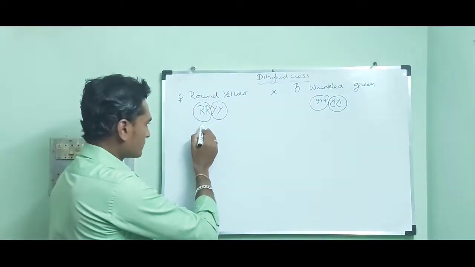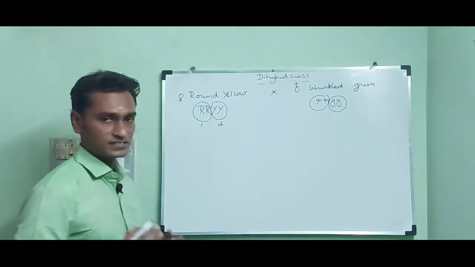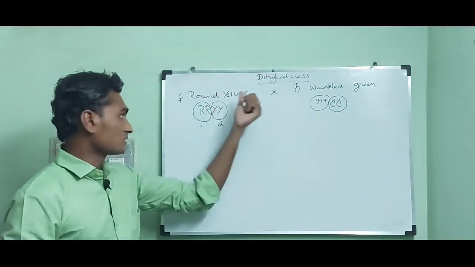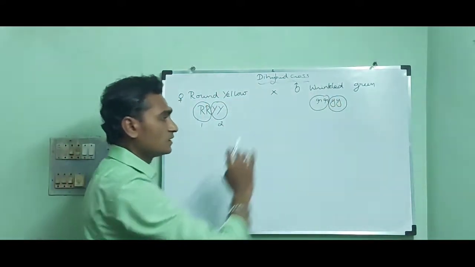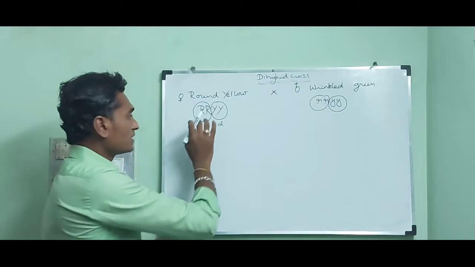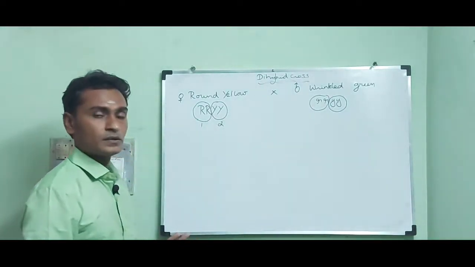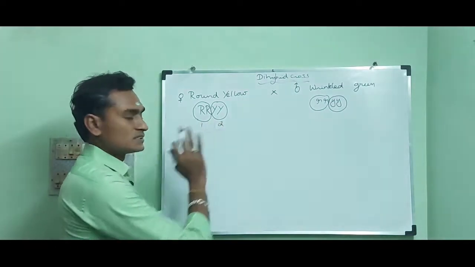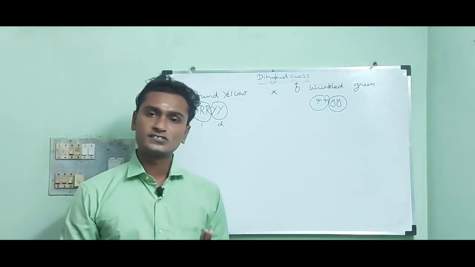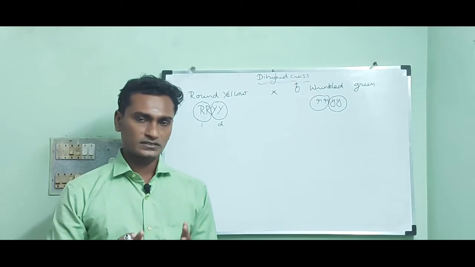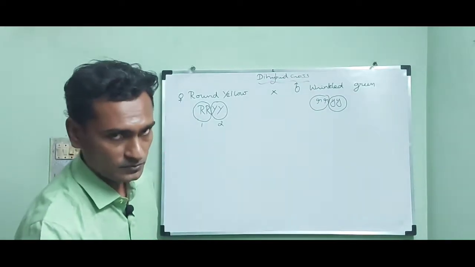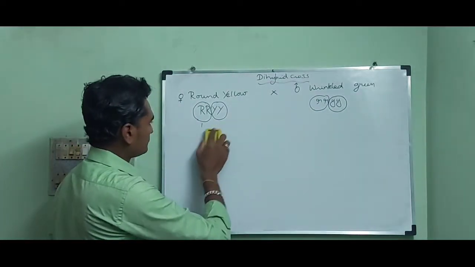So this is the first gene, this is the second gene. This is called the dihybrid cross. Now I am going to continue the cross.